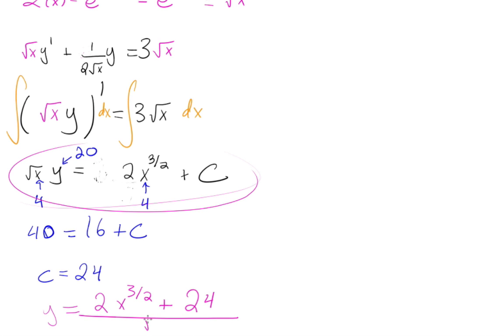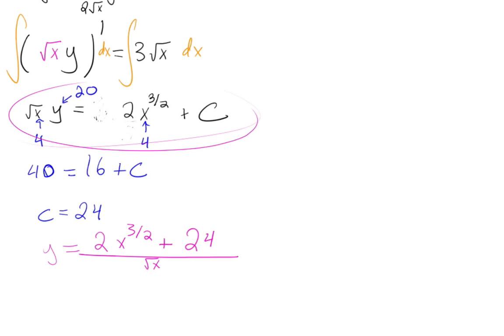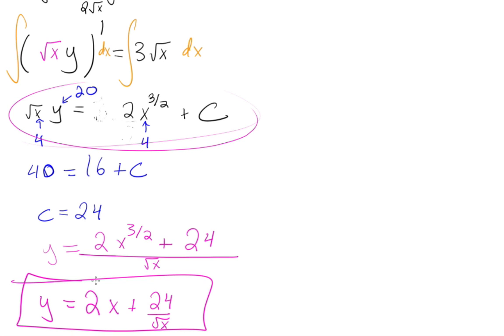Divide that by square root of x, and I can simplify that into 2x plus 24 over square root of x. And that's it, right?